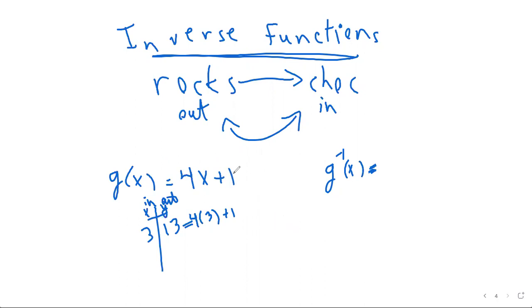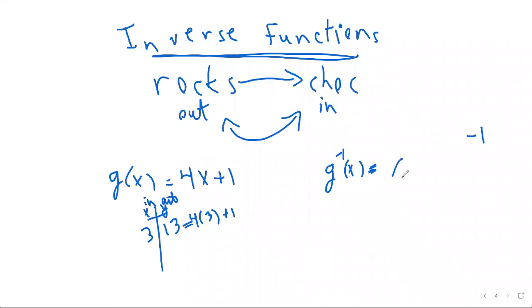Like we have a +1 on here. To undo a +1, we're trying to run the machine backwards here, or find a machine that runs the process backwards at least, we would say, to take the 1 back off, you do some kind of a -1. So we'd expect the inverse would have probably a -1 in it.